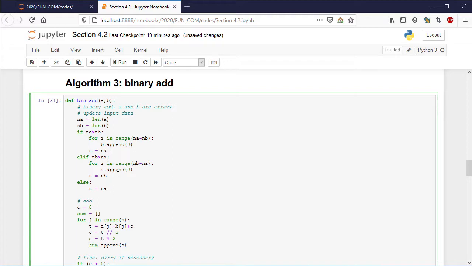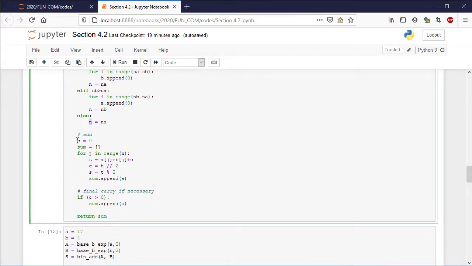That is, using a list of digits to represent any number. So it is possible that these two numbers may not have the same number of digits. So these are the lines where I do pre-processing of the input A, B such that I'm going to have a total of n digits for both of the two numbers.